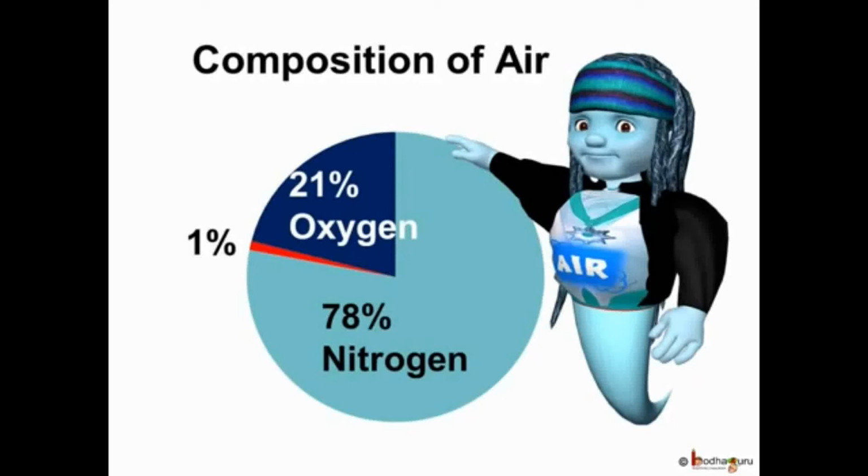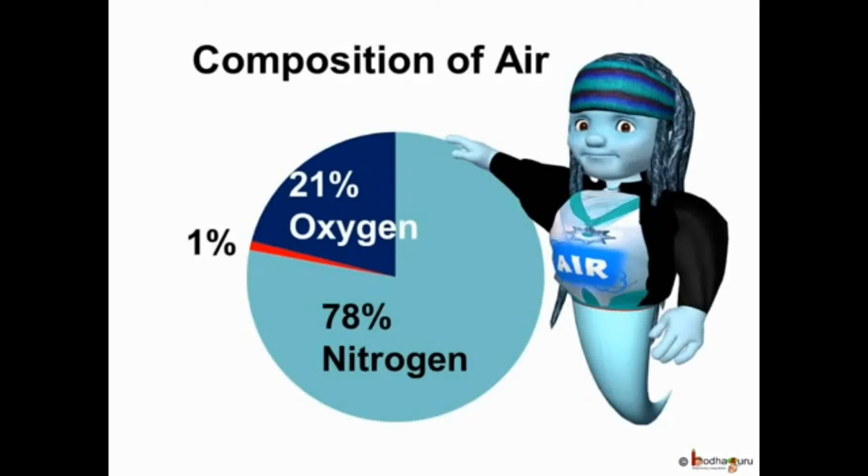Of these gases, nitrogen is the largest amount, that is 78%. Next is oxygen, which is 21%. The carbon dioxide is even less than 1%. Although the percent of carbon dioxide is very less, it is important for the living world as plants use it for making food.